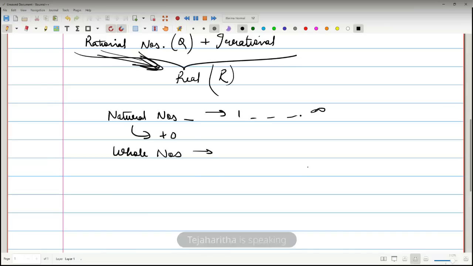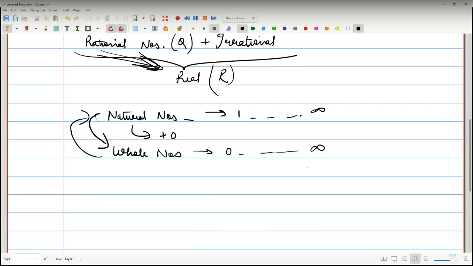So your whole numbers will have 0 to infinity. So clearly every natural number is a whole number also, right? But every whole number is not a natural number because 0 is not a natural number. Everything is fine till here?